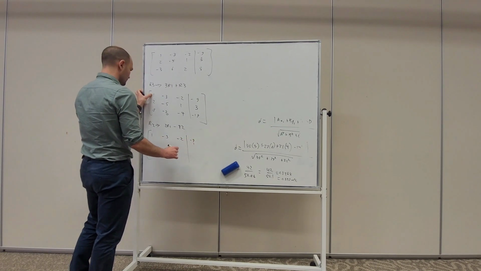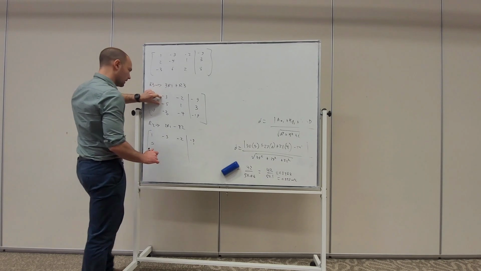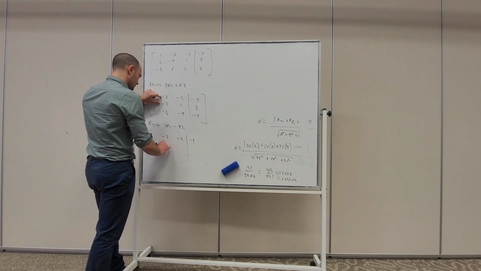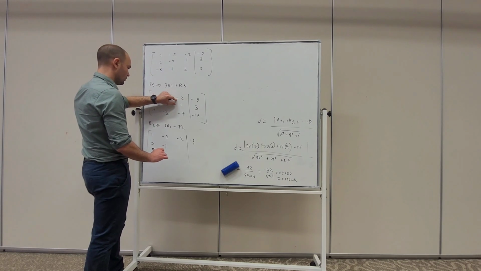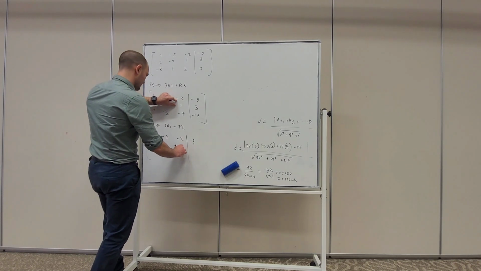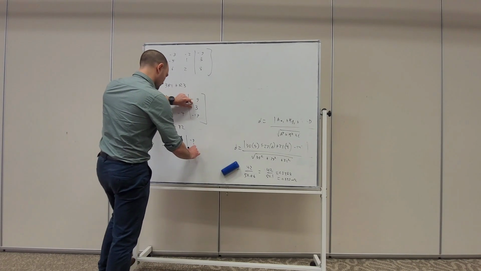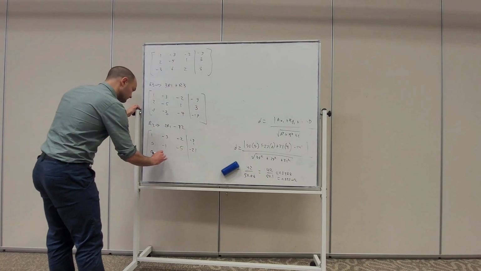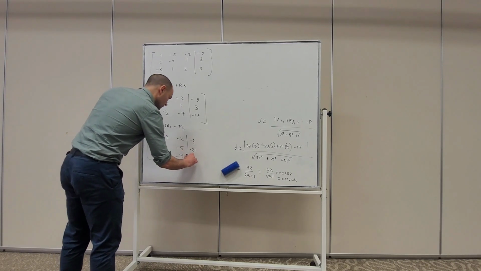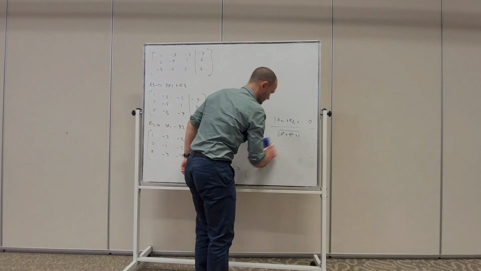Take 2, 0, and we have minus 6 plus 5, minus 1, and then we'll have minus 4, take 1, minus 5, minus 18, take 3, minus 21, okay.